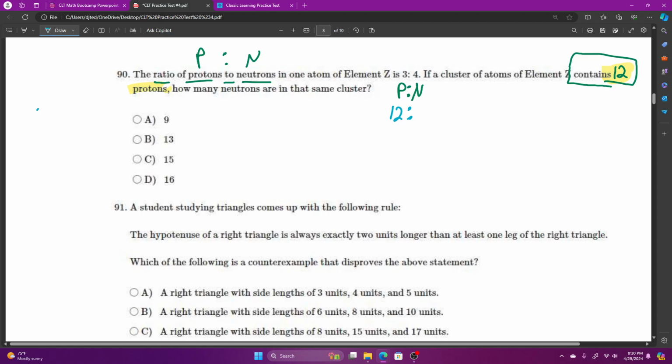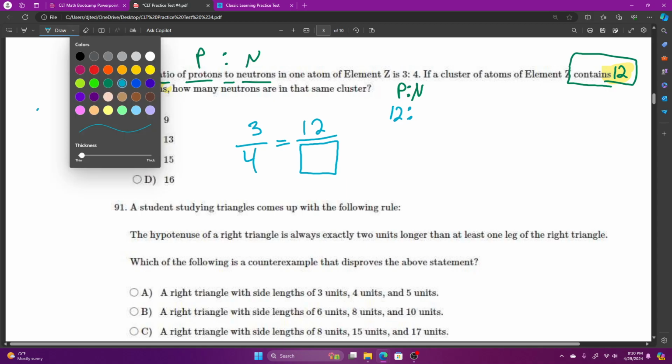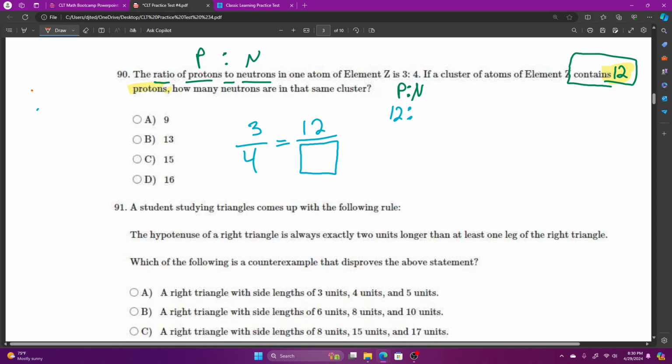So I'm going to take my ratio 3 to 4 and rewrite it as a fraction. My 3 is on top, so my 12 goes on top. And I want to make an equivalent fraction, and my denominator here will be the number of neutrons.